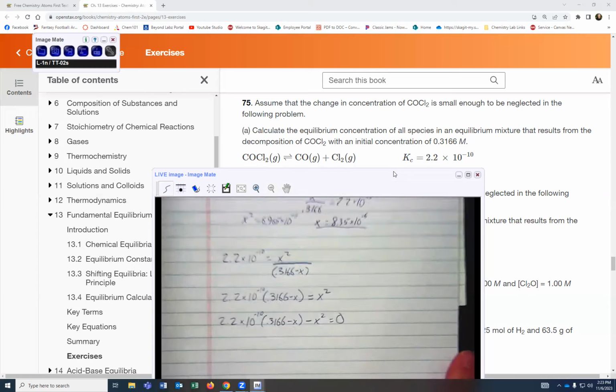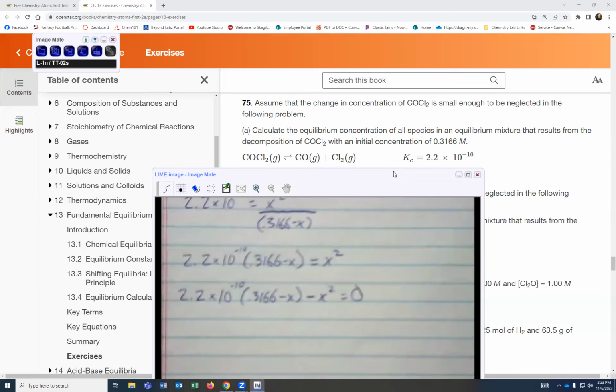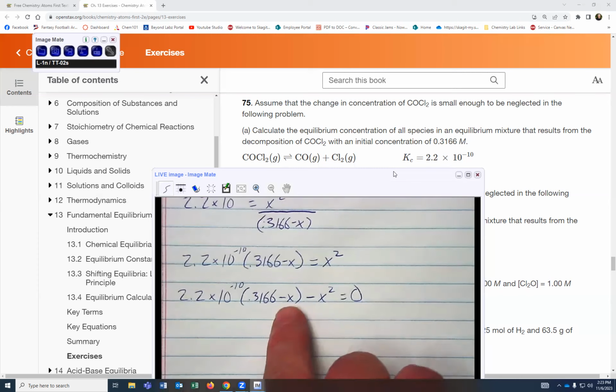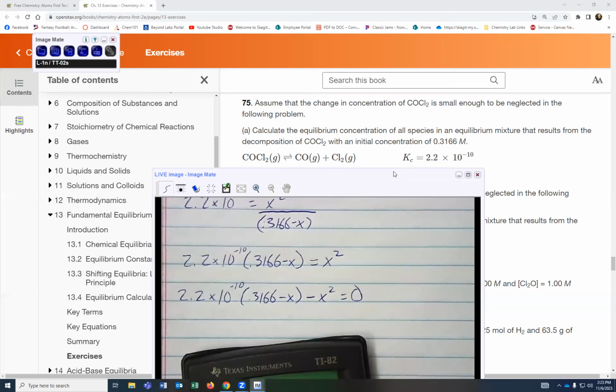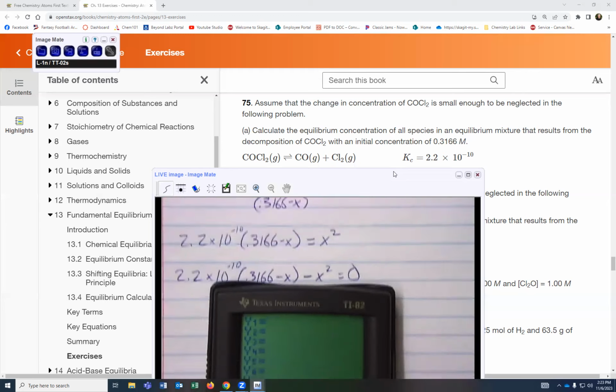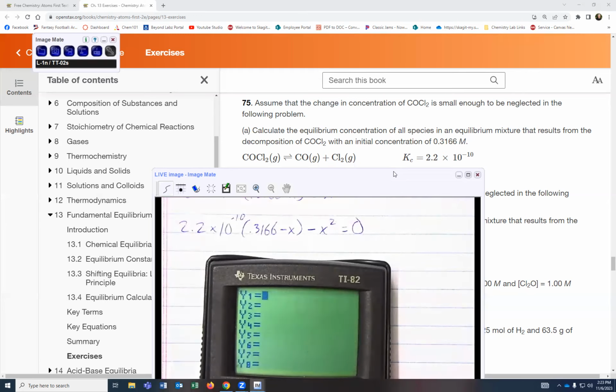So I've done all the algebra that I need to do to be able to plug this function into my calculator as y is equal to this. And then I just look for the places where y equals 0, in other words, the places where we cross the x-axis. So here's what that's going to look like. I hit y equals on my calculator, and that brought up my screen where I can plug in my equation.